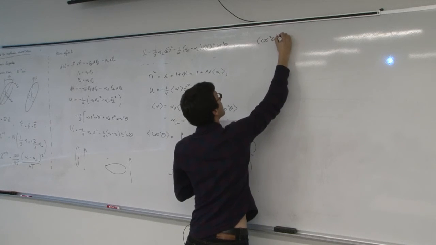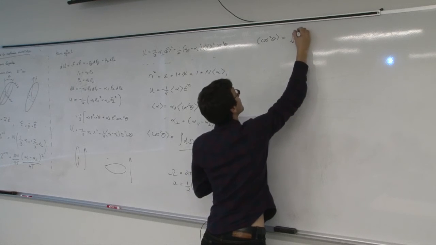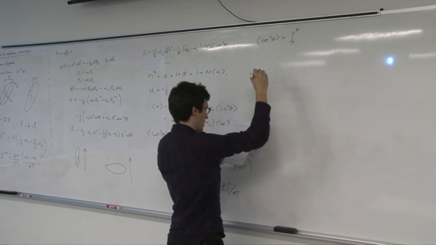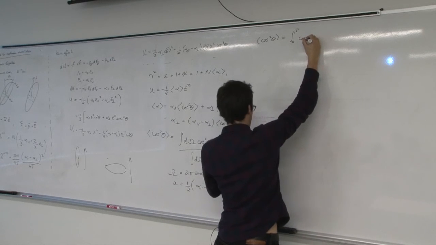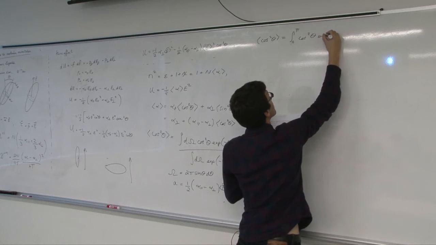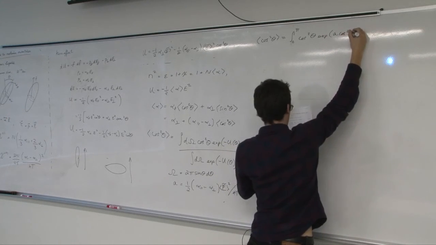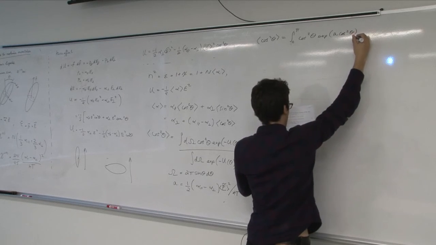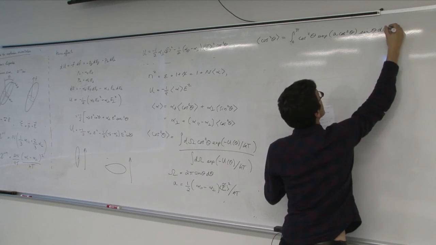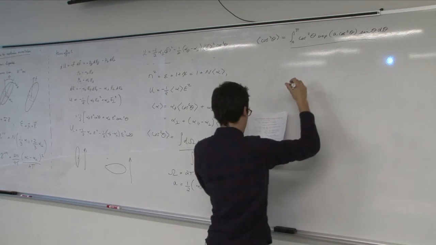That's why the A is appearing. So the integral from 0 to pi of cosine square of theta, exponential of A cosine square of theta, sine of theta d theta. This is just an alternative way of writing the integral.